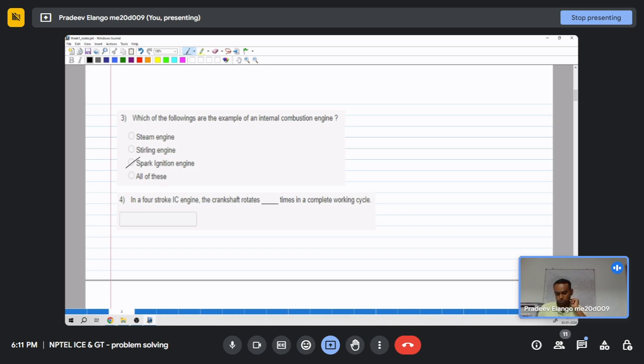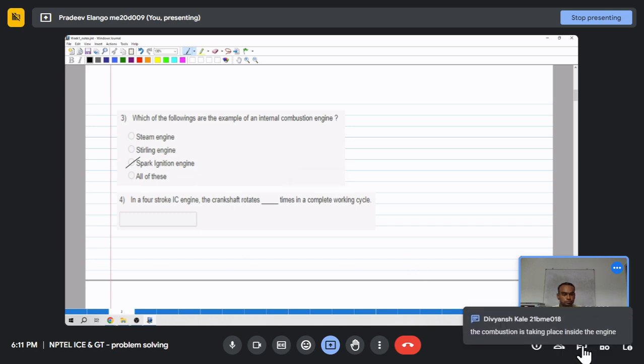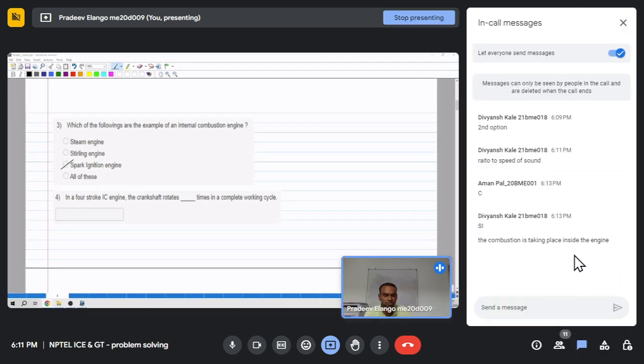Why is SI engine alone called internal combustion engine among these? The combustion is taken inside the engine.